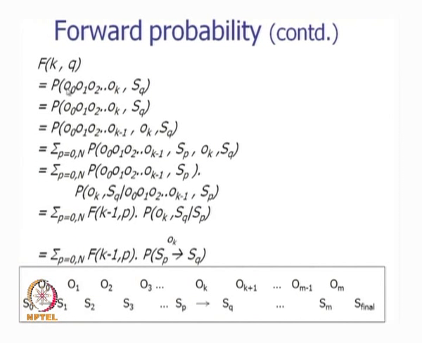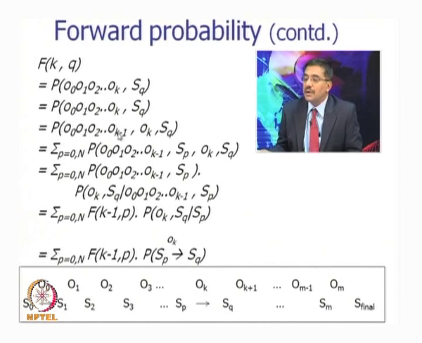So, f k q is the probability of seeing k plus 1 symbols O 0, O 1, O 2 up to O k, and then being in state S q. This then can be broken up into two parts: the sequence O 0, O 1 up to O k minus 1, the last symbol is isolated, which is O k, and S q remains.